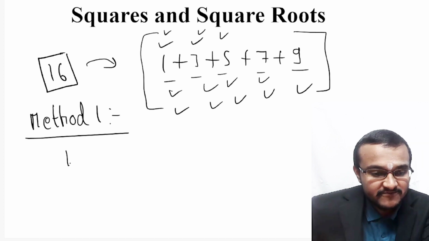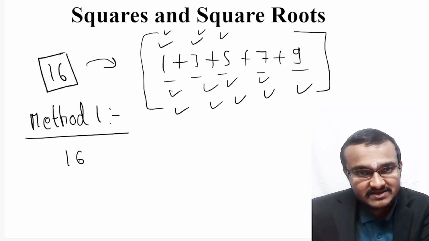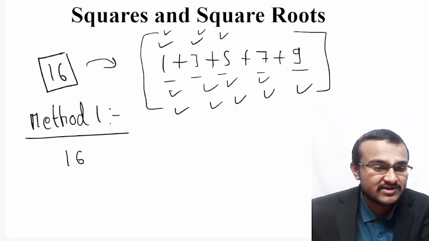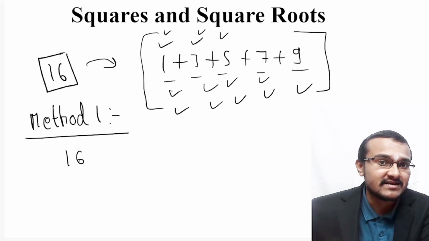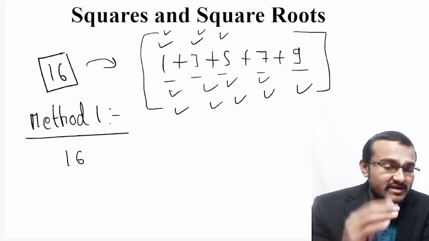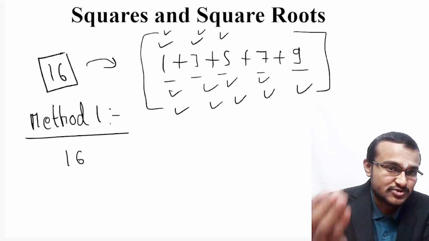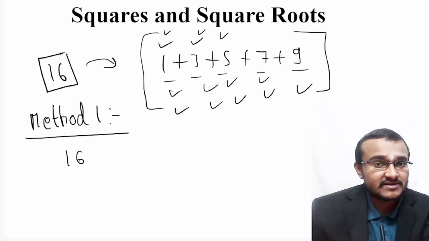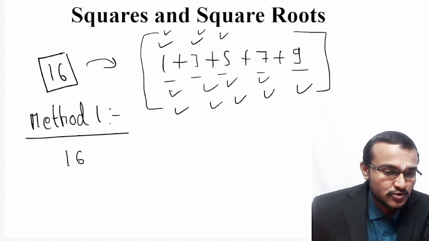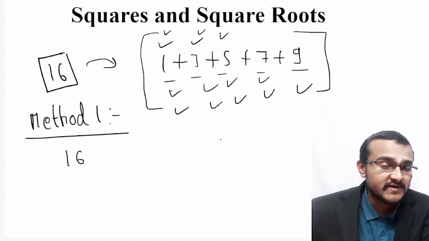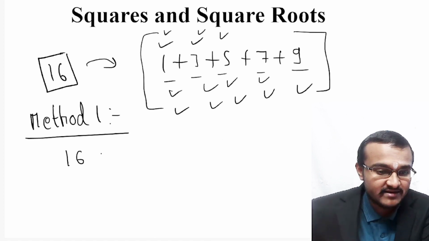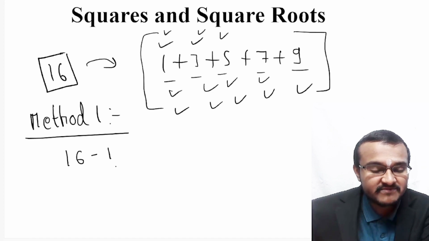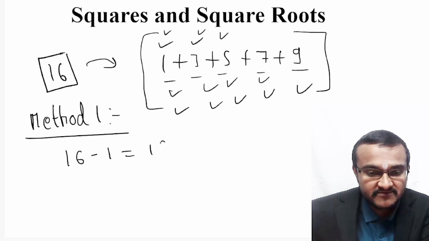If you get a perfect square number like 16, you can go on subtracting consecutive odd numbers from it. I'll show you how. The first odd natural number is 1, so subtract 1 from 16 and you get 15.